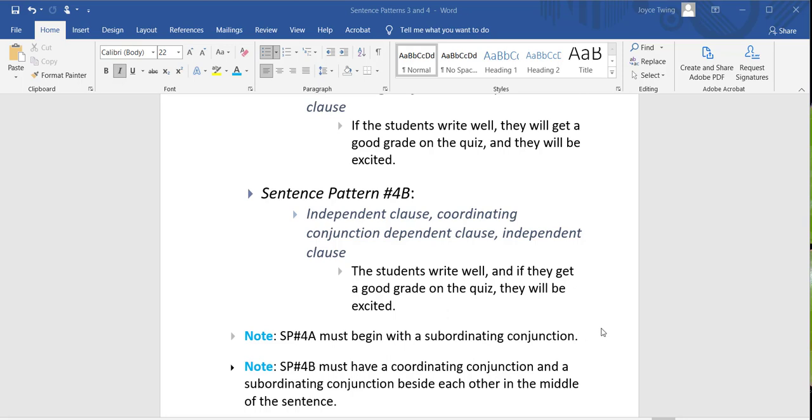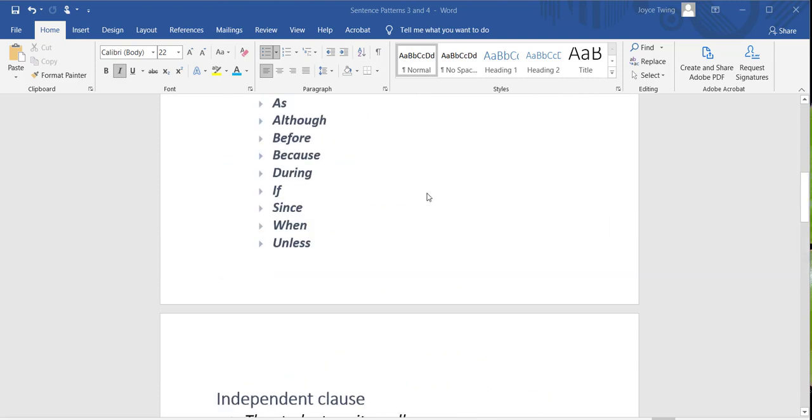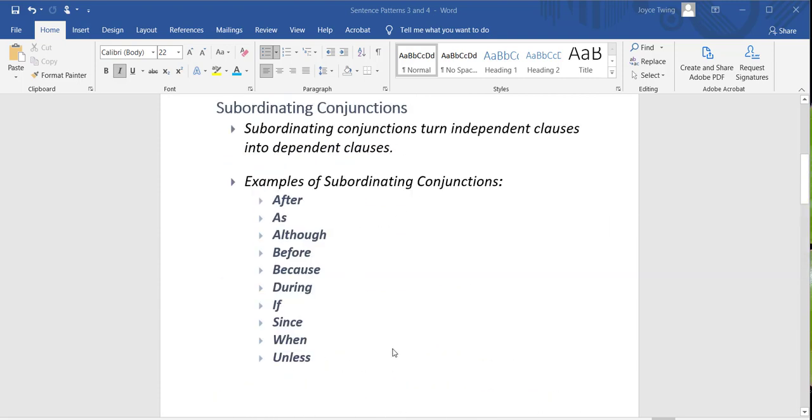You can make this hard, or you can look at it and go, okay, I get it. We're talking about complete sentences, and we're talking about dependent clauses, which are not complete sentences, but still have a subject and a verb, and we recognize them by signal words like these that say this is a dependent clause.